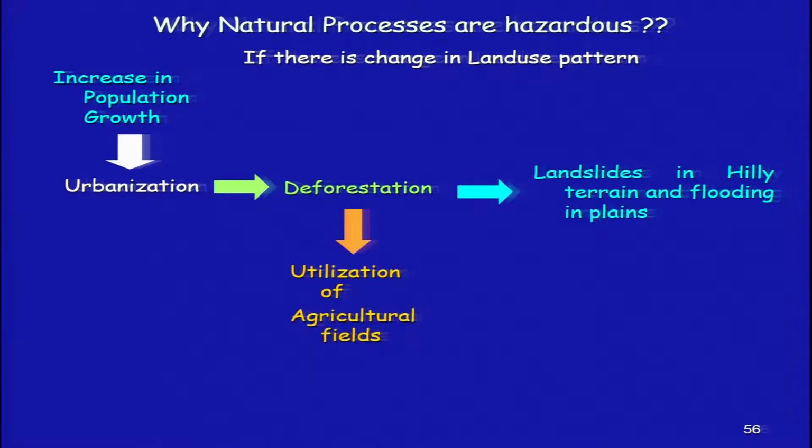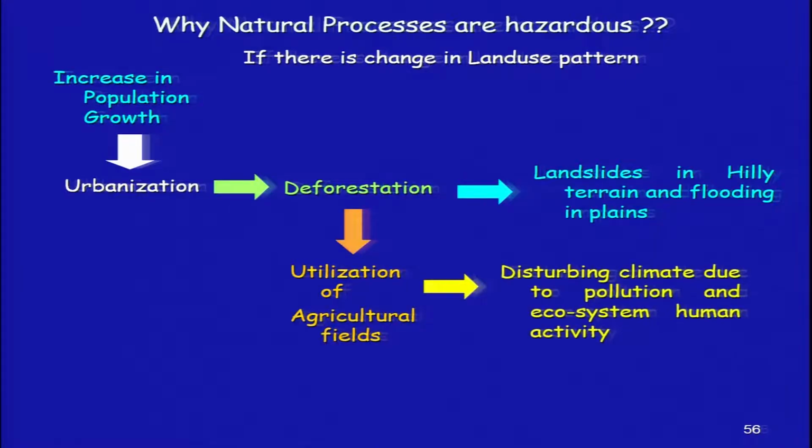Deforestation, what we are doing is utilizing the areas which were agricultural fields, or which were occupied by dense forest. And finally, we are disturbing the climate due to pollution, and eventually we are disturbing to some extent the ecosystem, and that is because of human intervention.